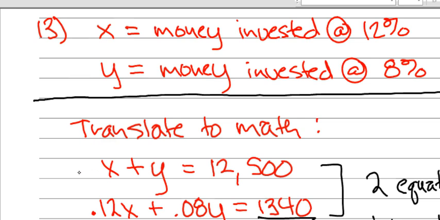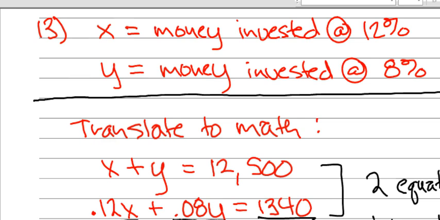So 0.12 times X, plus, I'm going to make 8% a decimal. Just move the decimal place over 2 spots to get 0.08. And I'm going to take that times Y. And so I get 0.12X plus 0.08Y equals my total interest of $1,340. So there are my two equations, or my systems.